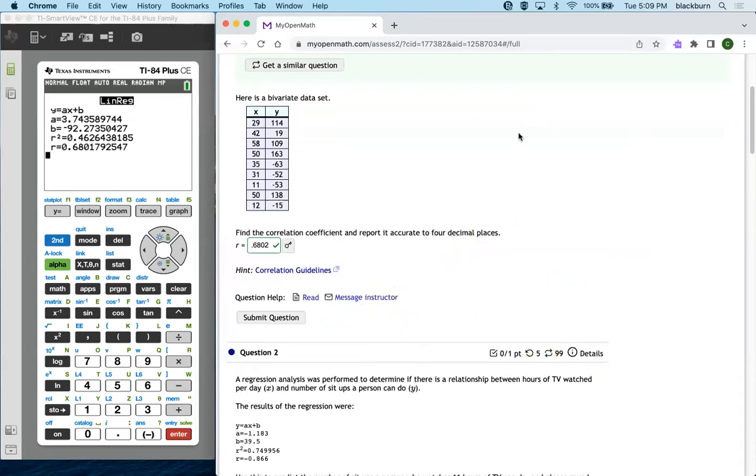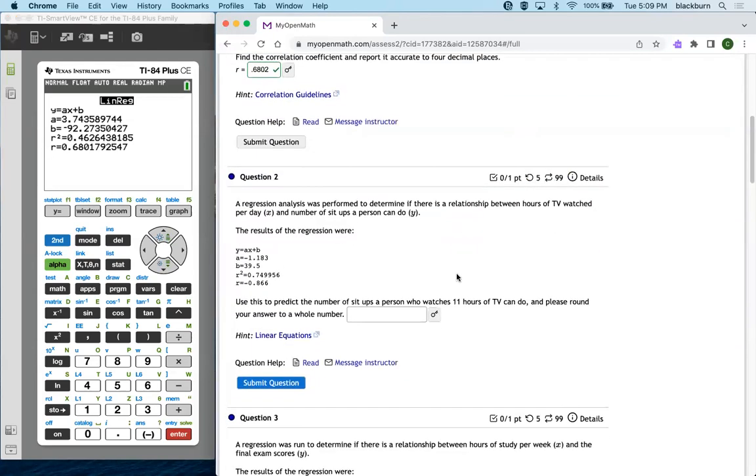Let's take a look at number 2. So this time they give you the results of this analysis, and as you can see, what they have right here looks the same as what my calculator has on it.